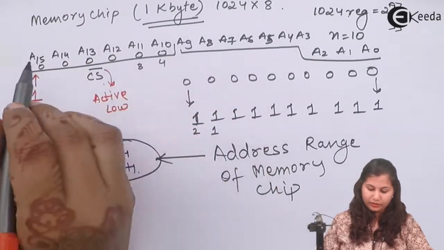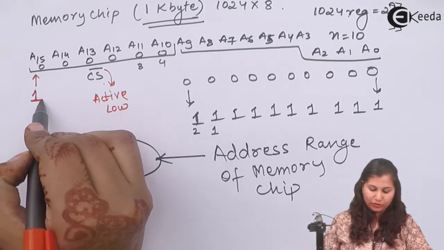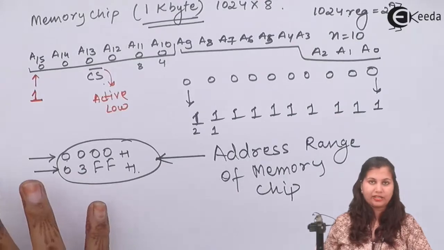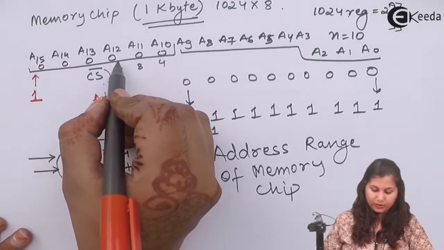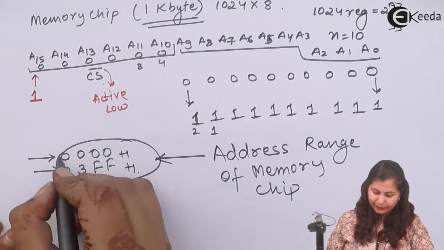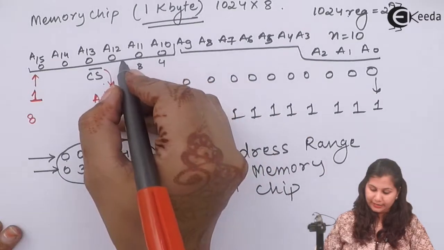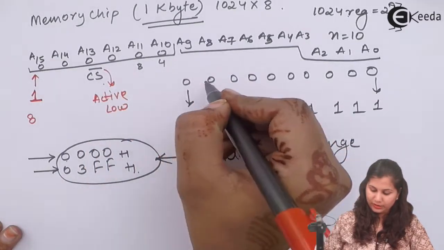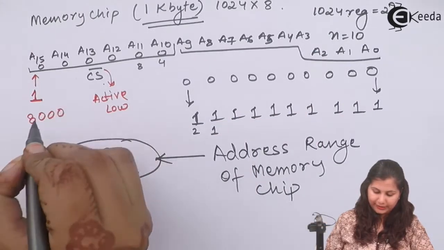Now if we want to have this A15 line at logic 1, then this address range is changed. How? If we have this 1000, so this will become 8 in hexadecimal notation. Then we have this 0000, so it will be 0 and all are again 0.